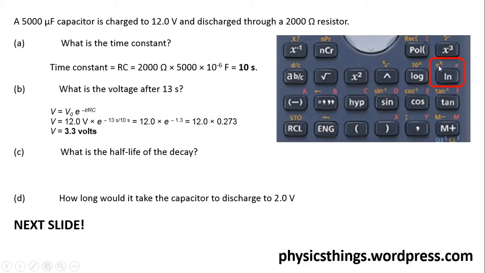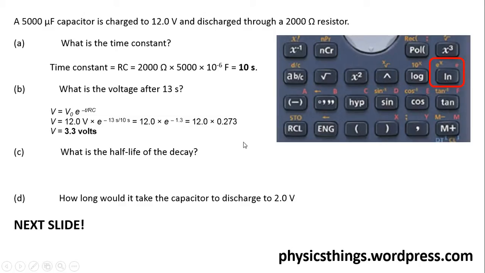So on most calculators, Shift and ln will give you e to the x, and then you can type in your x, which in this case is minus 13 divided by 10, plug that in, and I end up getting a voltage of 0.273 times my initial voltage, which is 3.3 volts.